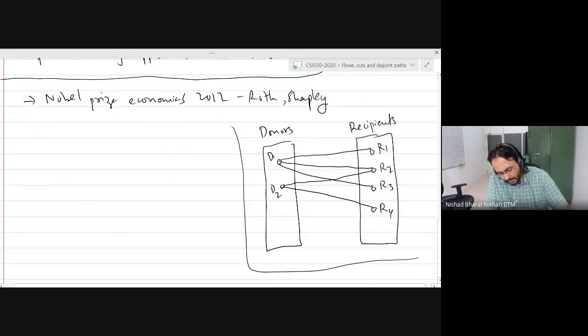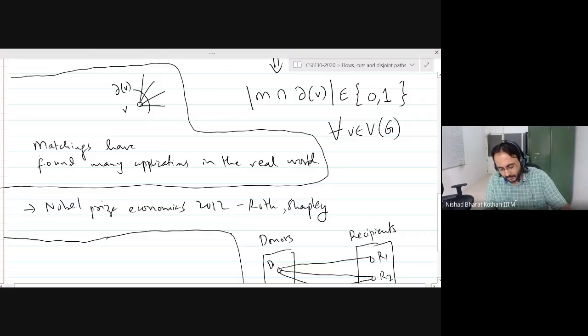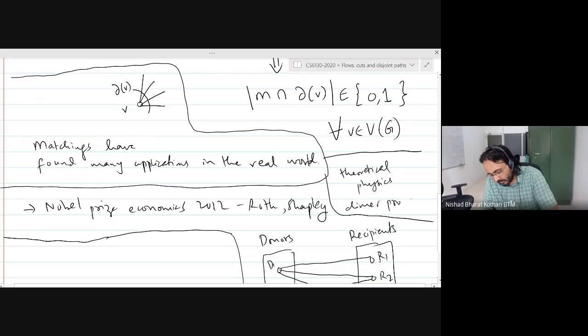Non-bipartite matchings have also found applications, but mostly in more abstract subjects like theoretical physics. There is a problem called the dimer problem in statistical mechanics, and it basically turns out to be counting the number of perfect matchings in a graph.